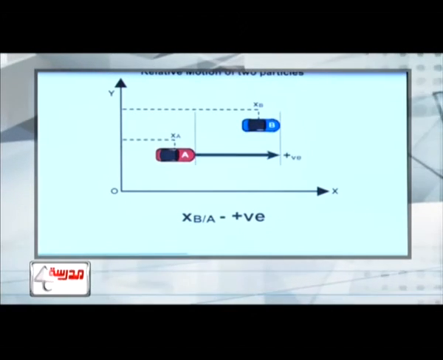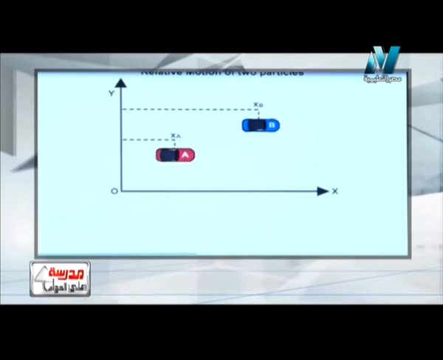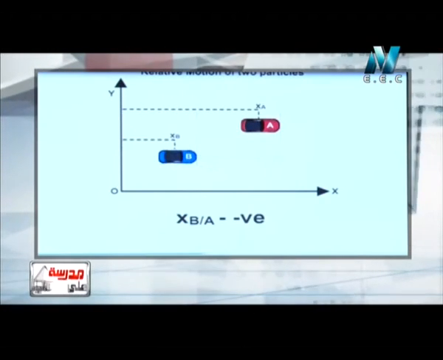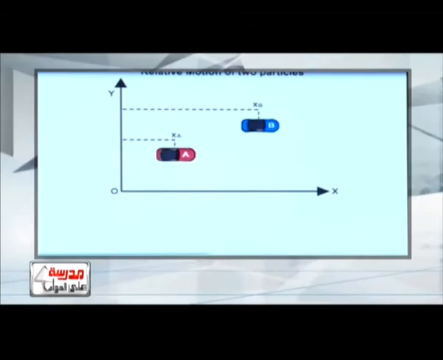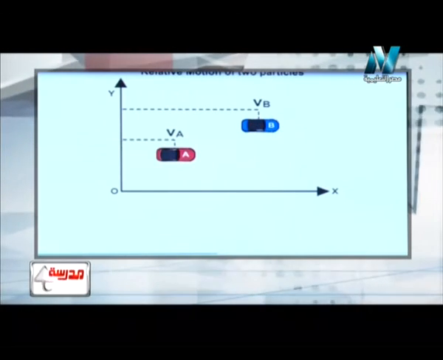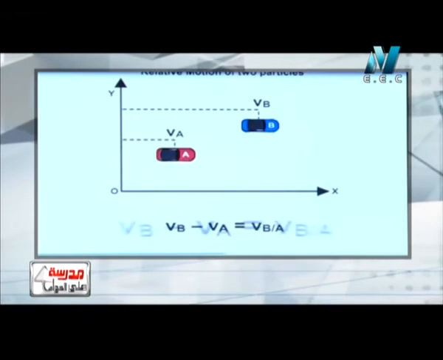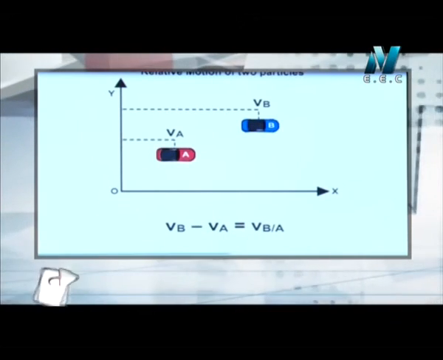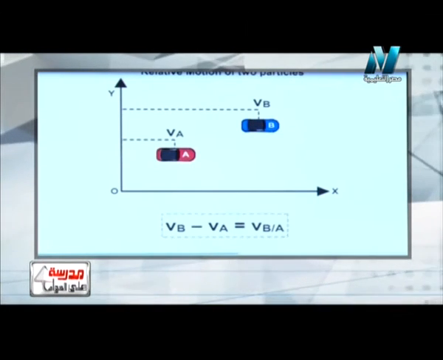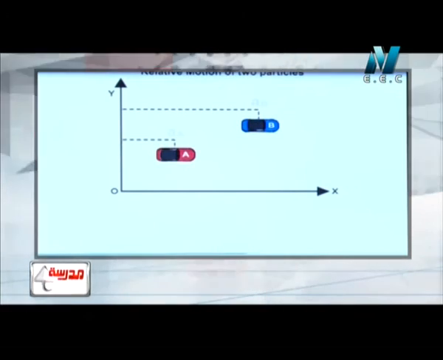In the first case the value is positive. When XB minus XA, in this case we have a negative as we calculated in the previous slide, as we solved a little while ago in the previous slide. So VB minus VA, we can calculate the relative speed of B to A. Minus, subtraction, because we talk about relative speed.